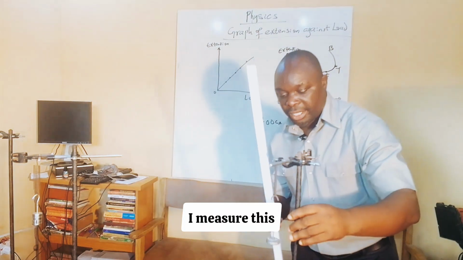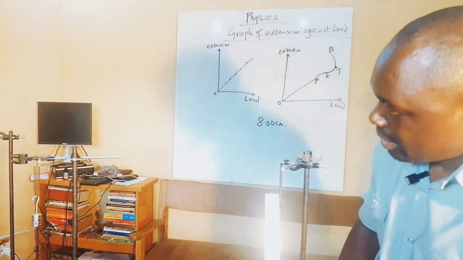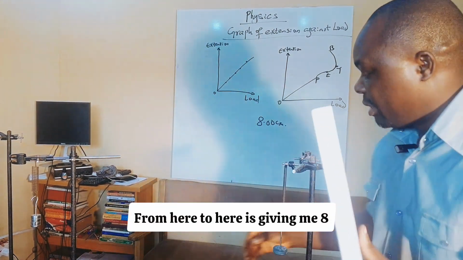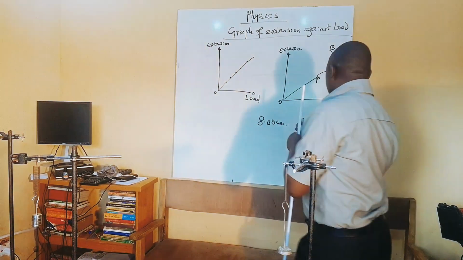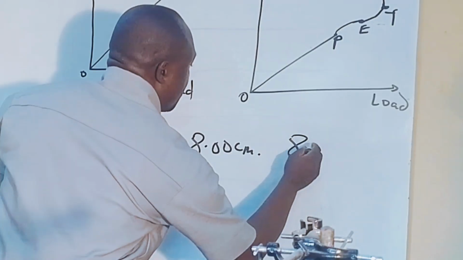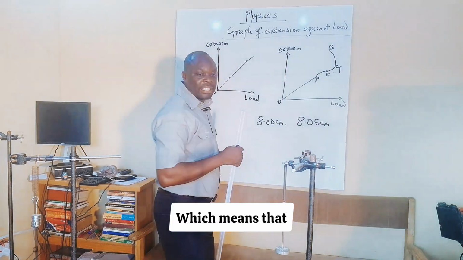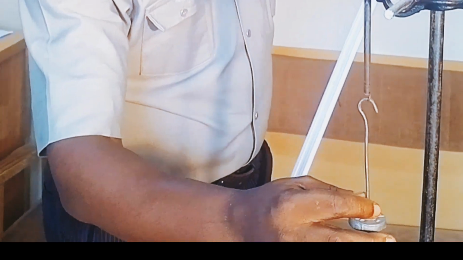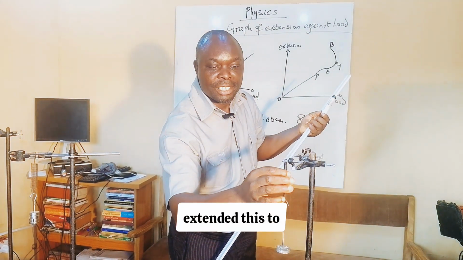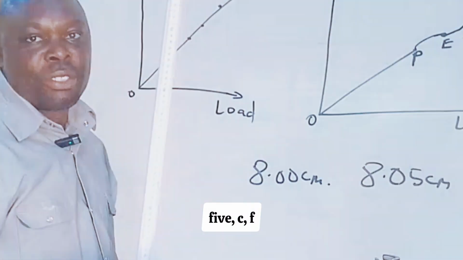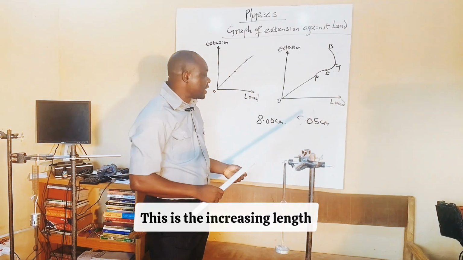If I measure from here to here, it's giving me 8.05 cm, which means that this load extended the spring by 0.05 cm. This is the increase in length.